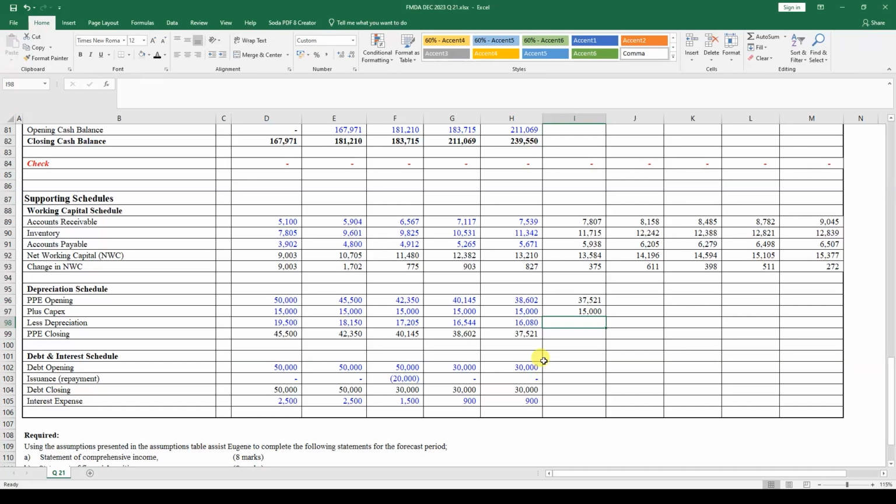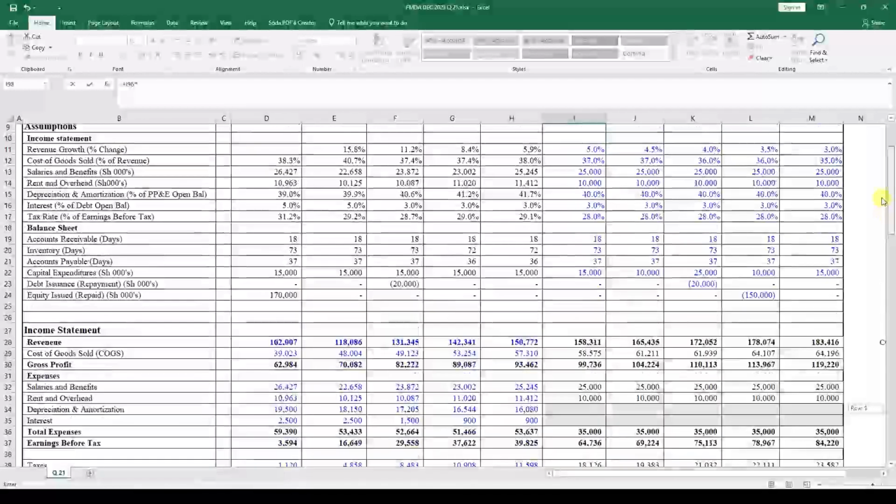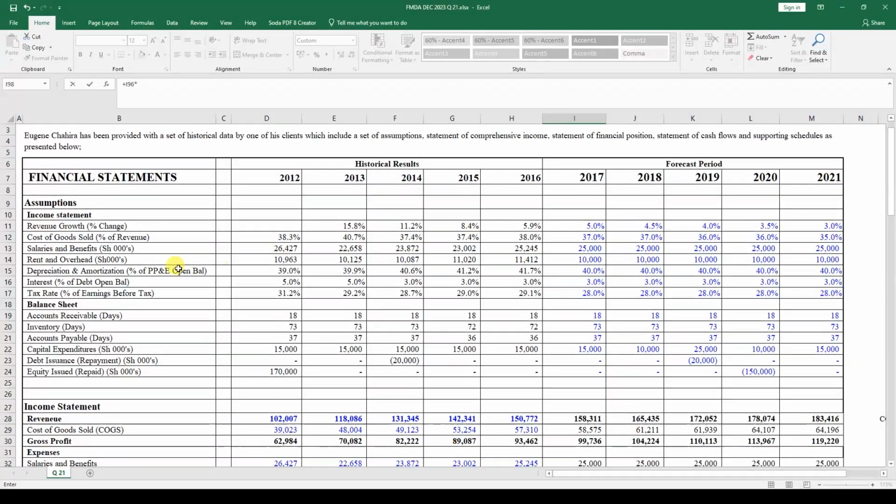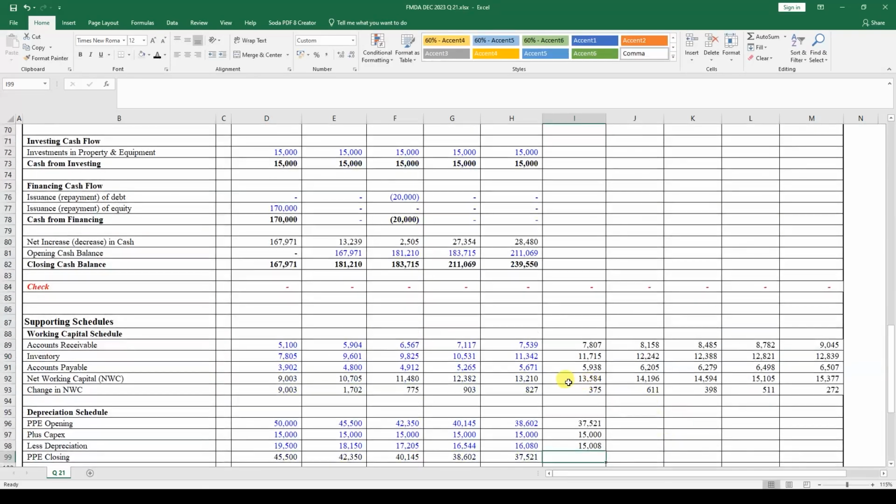The depreciation is based on the opening PPE always. So pick the opening value of PPE and multiply that with the depreciation rate. Remember, we are assuming for simplicity's sake it is going to be straight line method. So depreciation, we multiply it with that, and we get that.